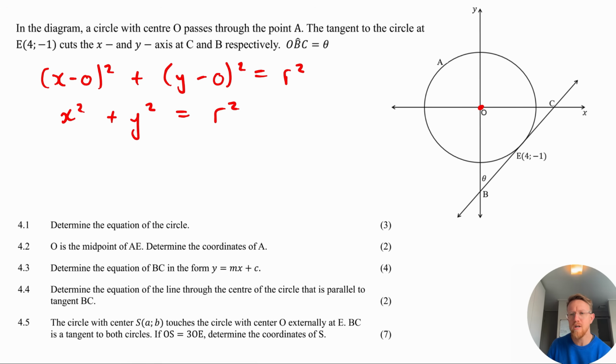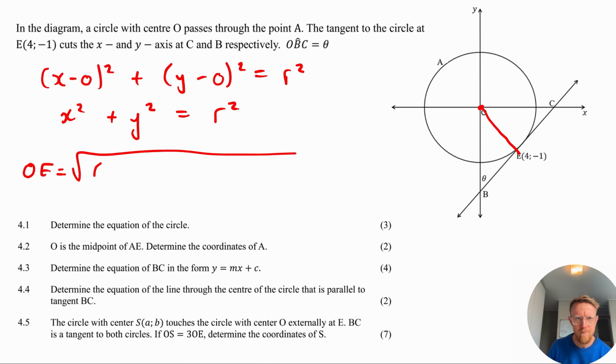Now r is your radius. So you could just measure this length over here. So you just take out your ruler and measure how far it is from O to E. So I'm just going to get my ruler quickly. Don't be silly, guys. We don't use our ruler. You've got to use the distance formula. Okay, so you're going to go OE. The length of OE is going to be the square root of (x2 minus x1) squared plus (y2 minus y1) squared.